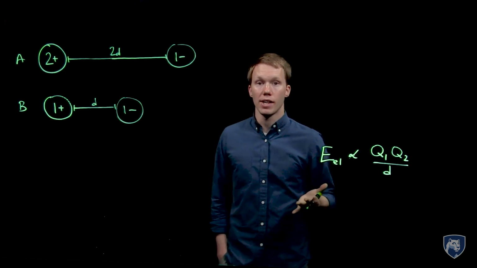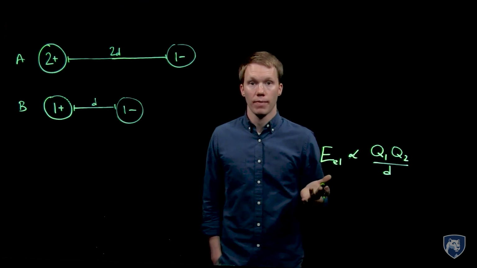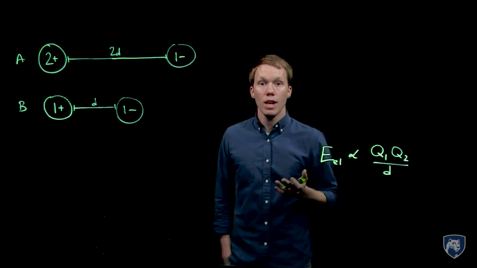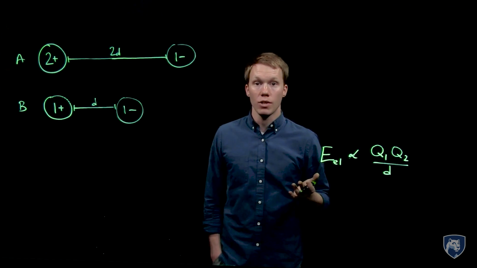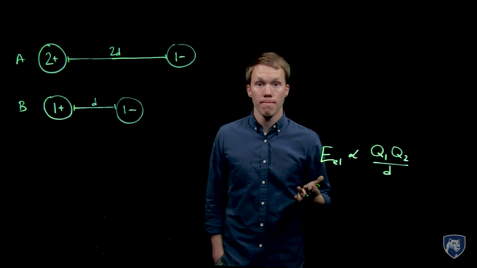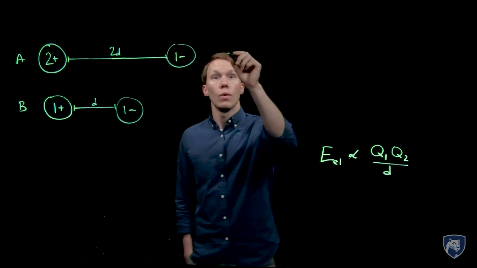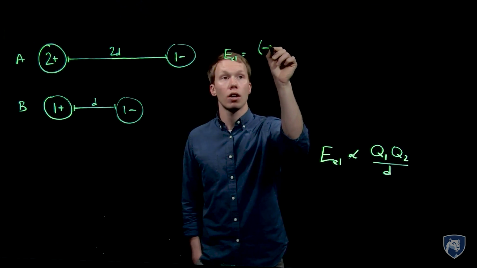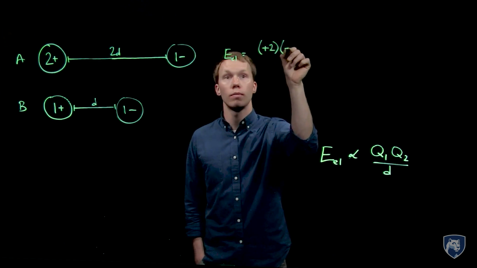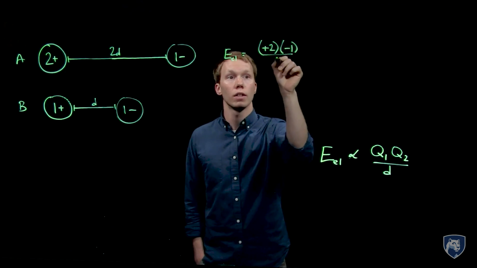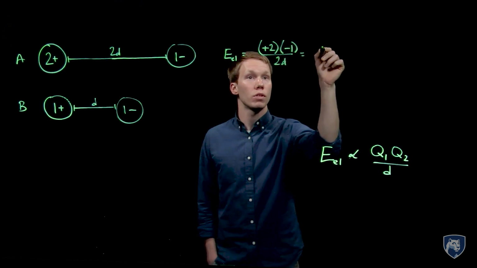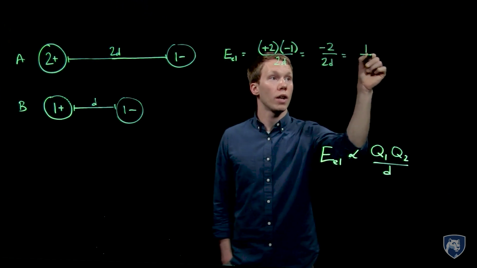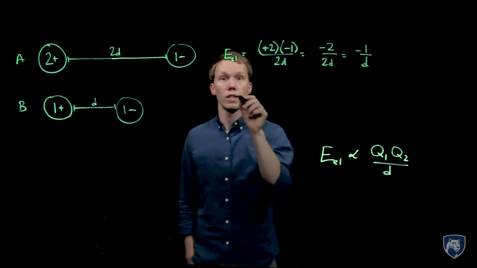How about this third scenario? I changed the distance on us. How does that influence the electrostatic potential energy? Can you tell me which is the highest electrostatic potential energy of A and B? We can take the same approach here and say that the charge +2 times -1 over 2d is equal to -2 over 2d, which is equal to -1 over d.